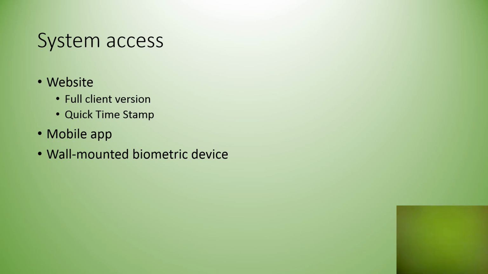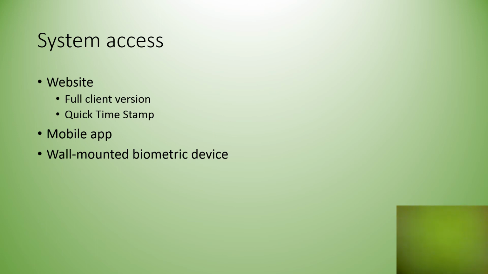The third option for logging your time is available for non-exempt employees, and that is a wall-mounted biometric device. There is at least one in each building, and in order to use those, the one thing you need to know is that you have to register your finger on that particular device.